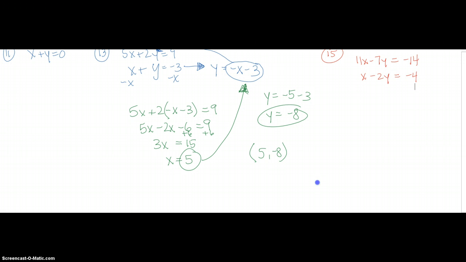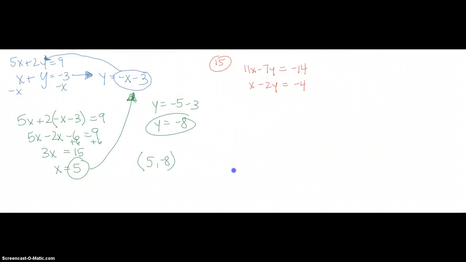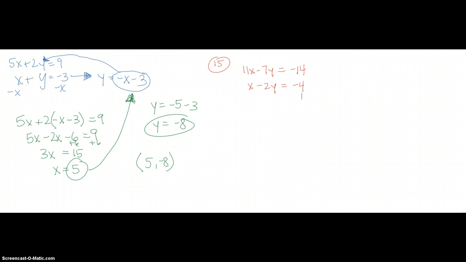Okay, so for this one, the variable that I would get by itself is the x on the bottom, because here I would have to divide by 11, here I'd have to divide by negative 7, and here I'd have to divide by negative 2. But if I pick the x on the bottom, I don't have to divide by anything. Okay? So if I add 2y to both sides, this becomes x equals 2y minus 4.